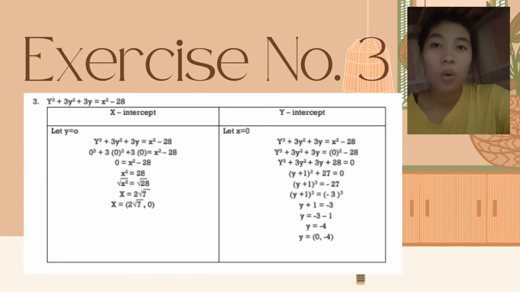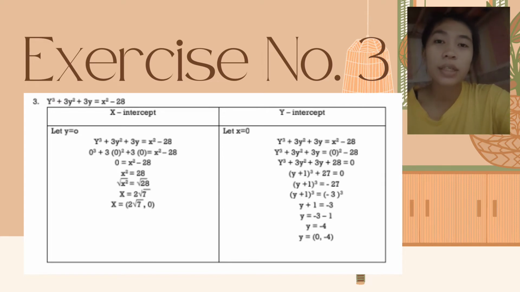Number 3, y cubed plus 3y squared plus 3y equals x squared minus 28. So kunin na natin yung x-intercept. Let y equals 0. So 0 cubed plus 3 times 0 squared plus 3 times 0 equals x squared minus 28.